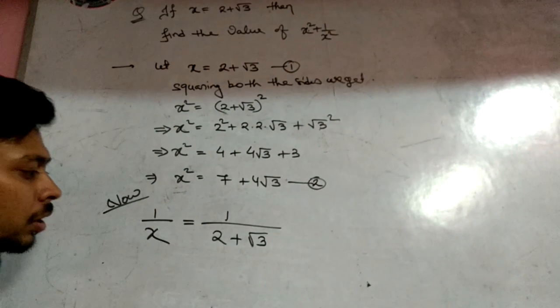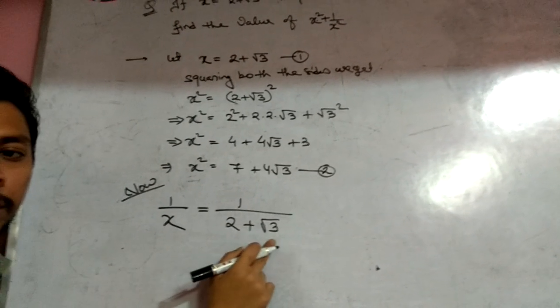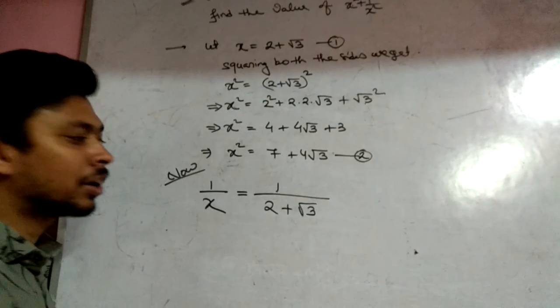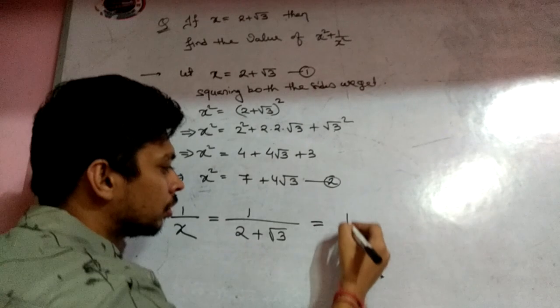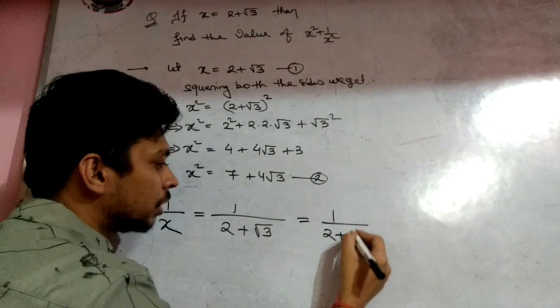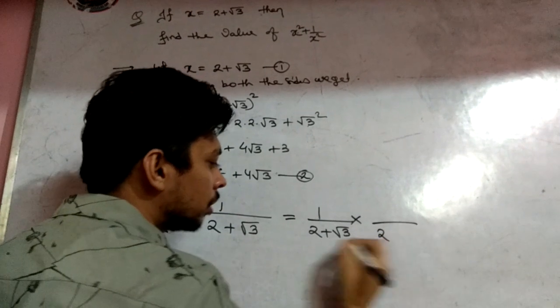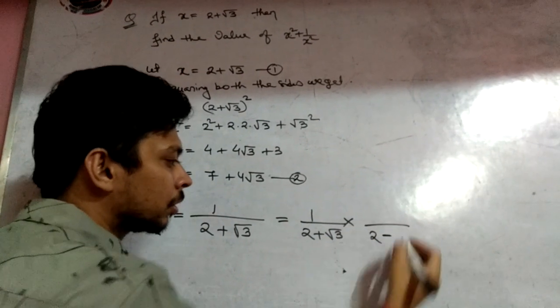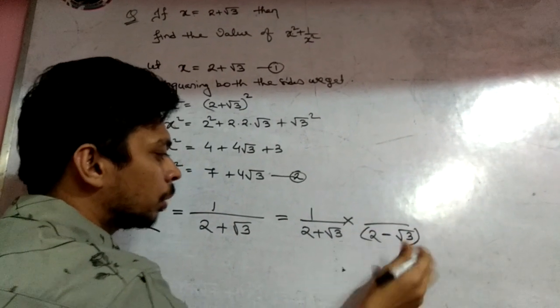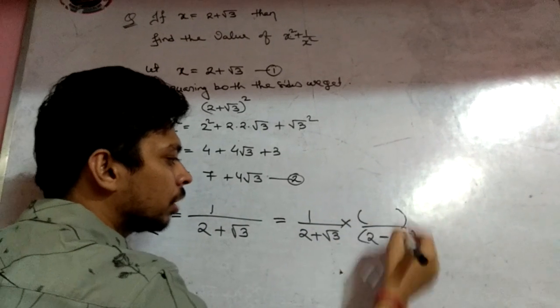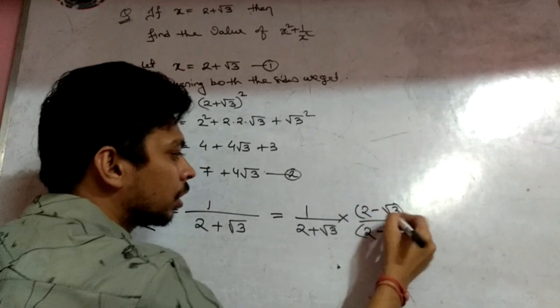After writing this, we see that we are having root in the denominator, so we have to rationalize it directly. What we will do? This will be 2 plus root 3. Rationalize it. Here we are having 2 positive, so negative, just opposite to it. Here also the same thing, 2 minus root 3, multiplying in numerator and denominator.